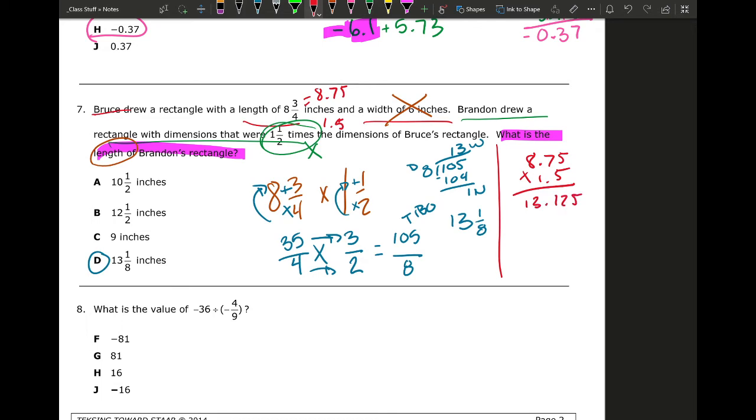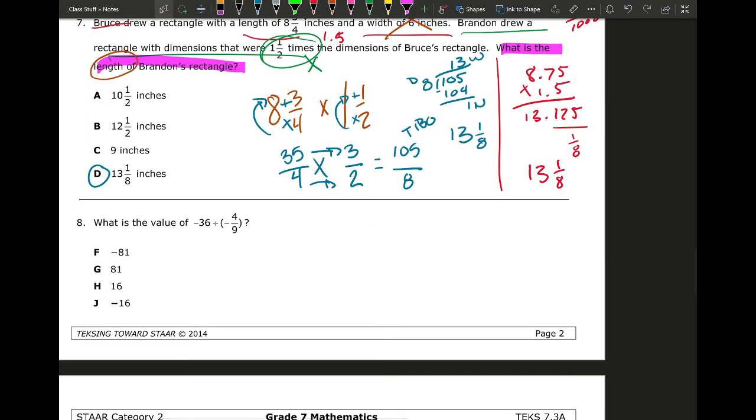I know by memory that 0.125 equals 1/8. But if you don't know that by memory, you're going to have to put that over 1,000 and simplify. So put 125 over 1,000 and then simplify. And then at the end, you're going to get the same answer, 1/8. So those are the two ways. Yes, the Walk Around Texas is a little bit longer, but it takes you right to the final answer.